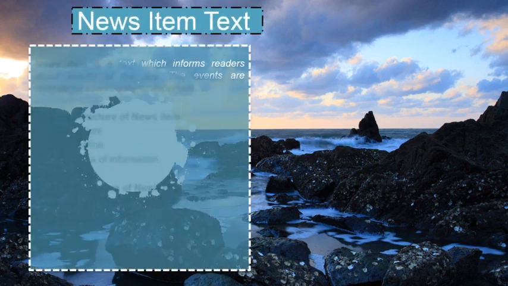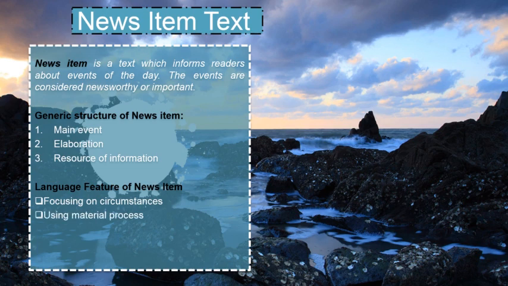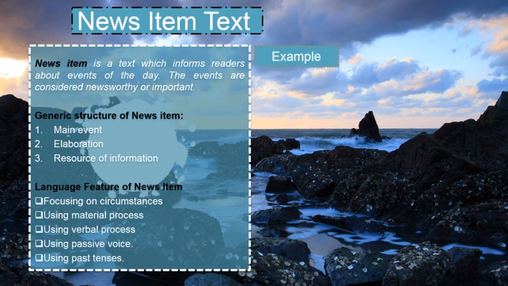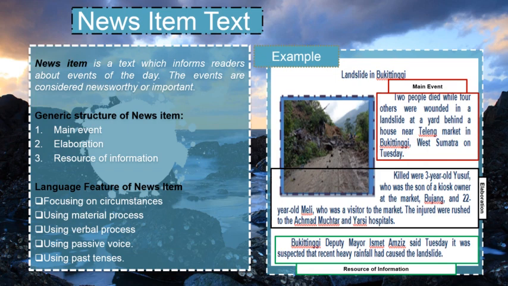News item text. News item is a text which informs readers about events of the day. The events are considered newsworthy or important. Generic structure of news item is main event, elaboration, and sources of information.